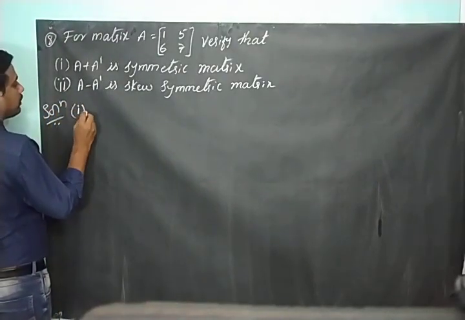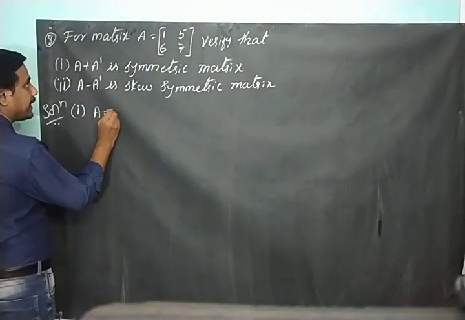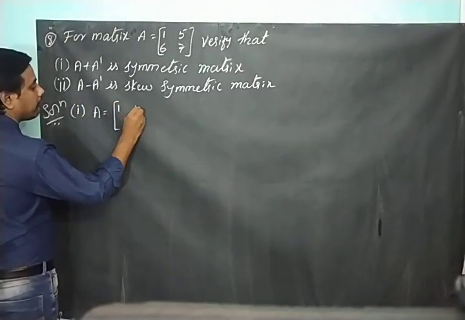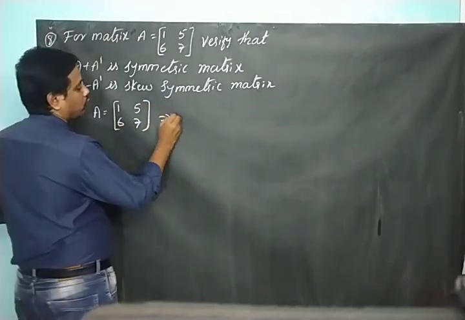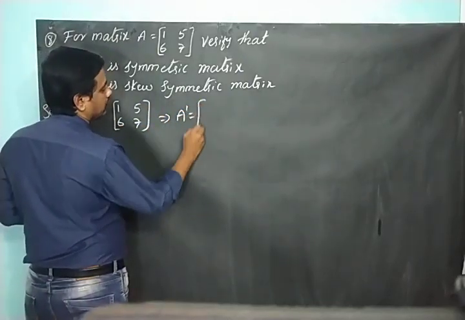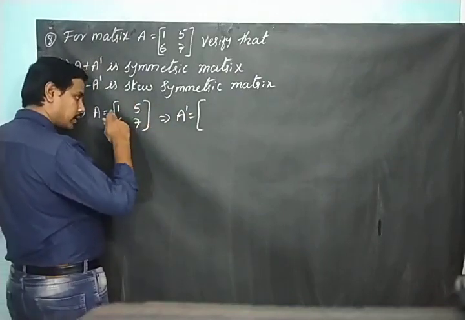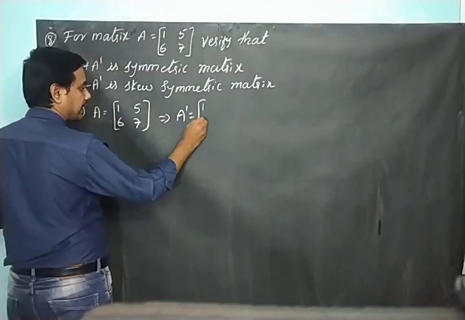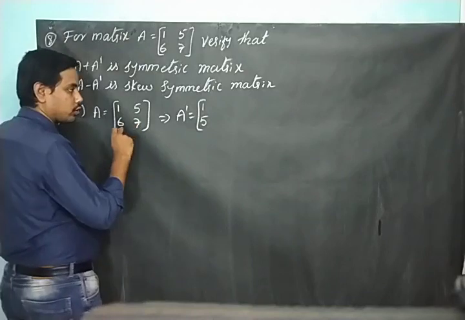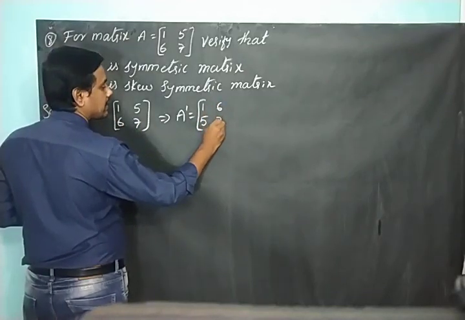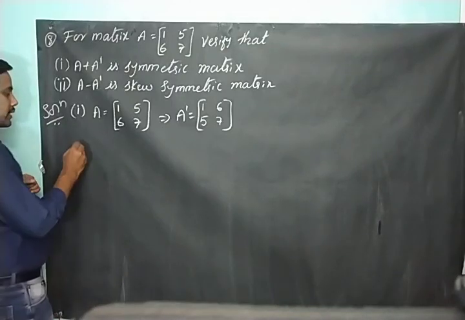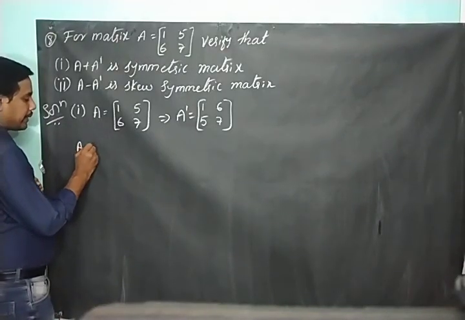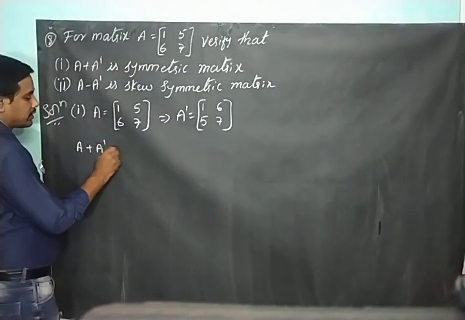First one. What is A? A is 1, 5, 6, 7. What will be A transpose? Writing rows as columns: the first row 1, 5 will be written as the first column, and the second row will be written as the second column. So we got A transpose. What will be A plus A transpose?